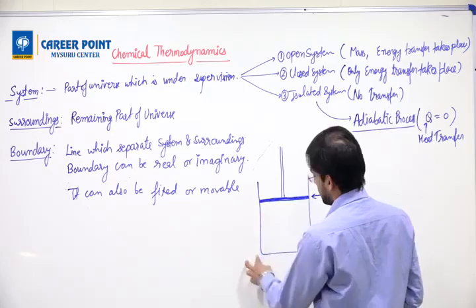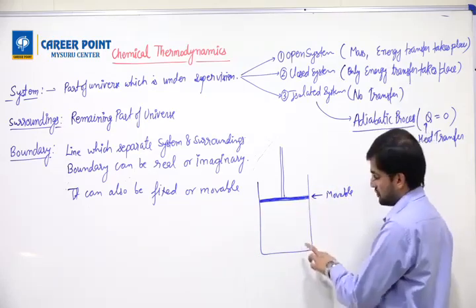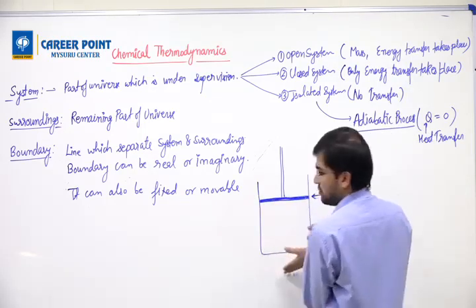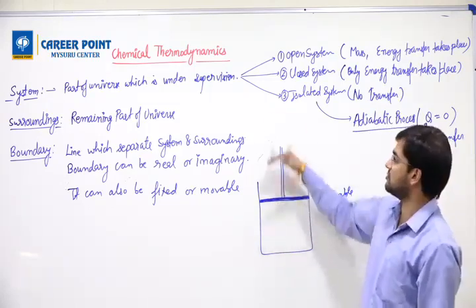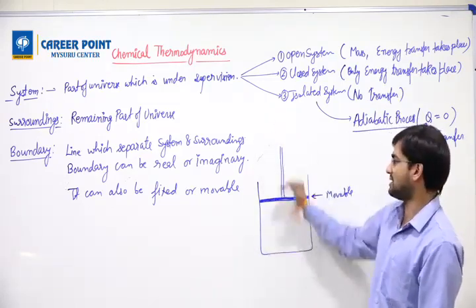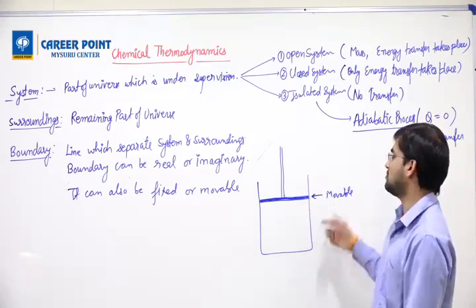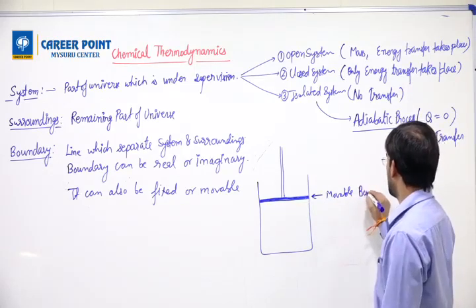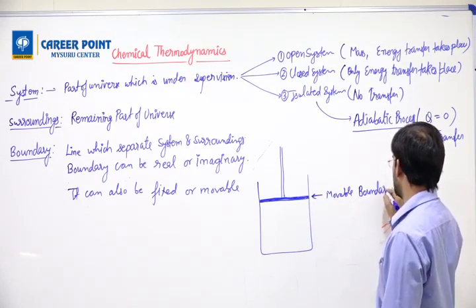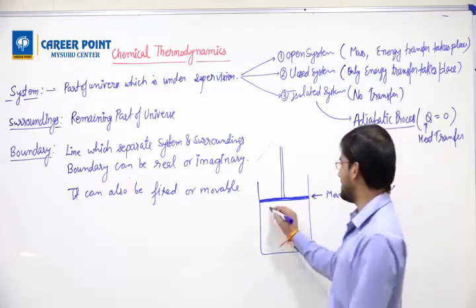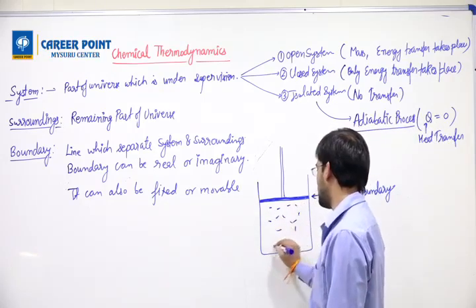There are 3 more boundaries. Those 3 are fixed. They don't move. This is a disc which moves up and down. As it is able to move up and down, that's why it is called a movable boundary. Clear? Inside this could be gas molecules.